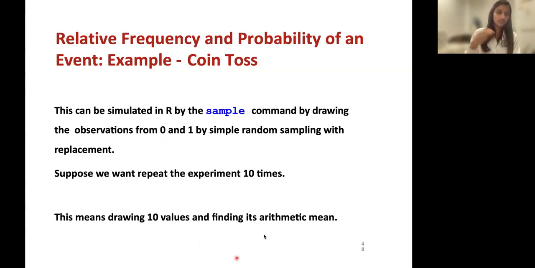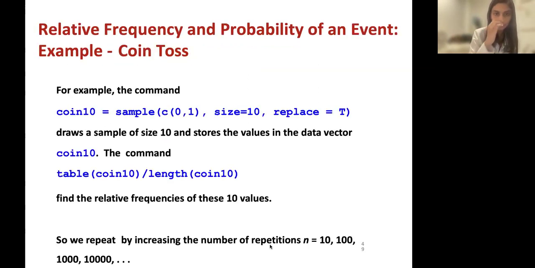That's called random sampling with replacement. This is how we do that. The values are either 0 or 1, you conduct the experiment 10 times, and with replacement true. Maybe I'll just show you how to do it.